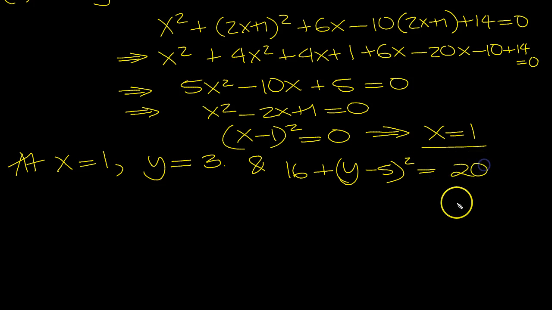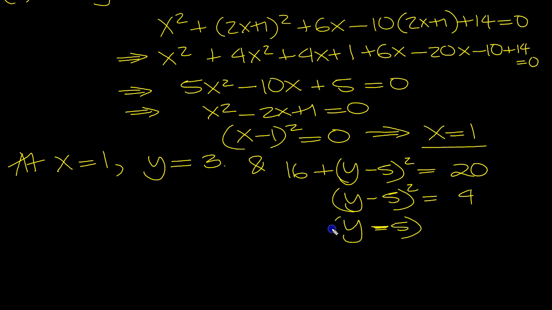So (y minus 5) squared must equal 4. So y minus 5 is equal to the square root of 4, which is 2, plus or minus. So y is equal to, move the 5 over, 5 plus 2 is 7, or 5 minus 2 is 3.